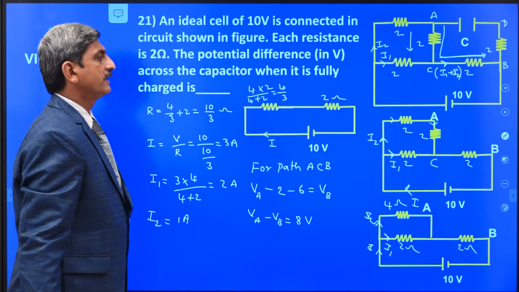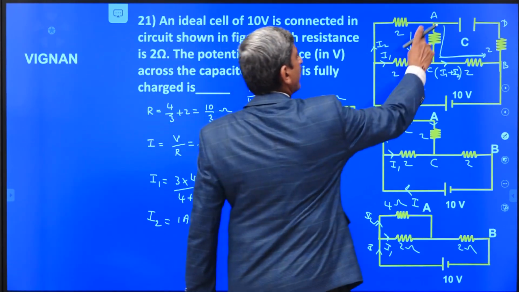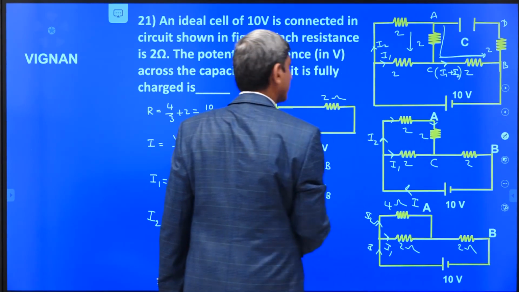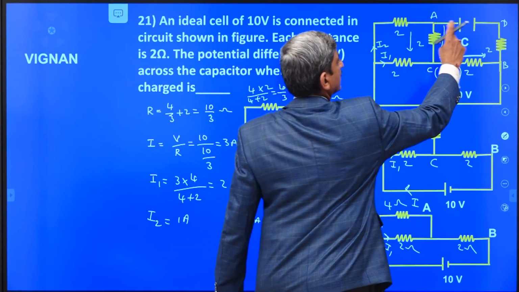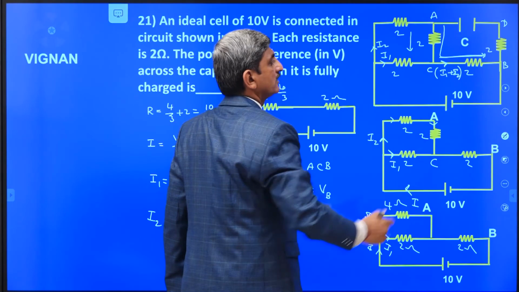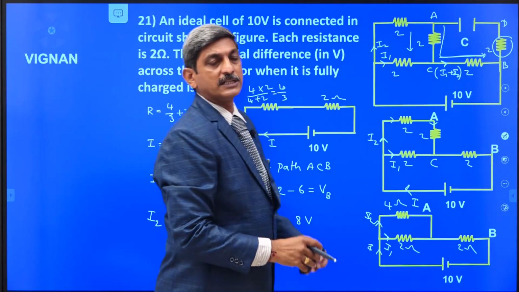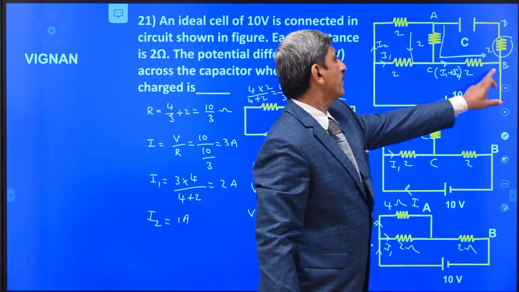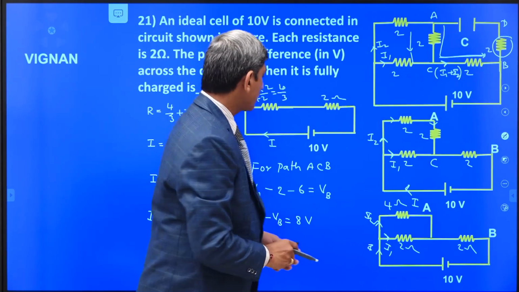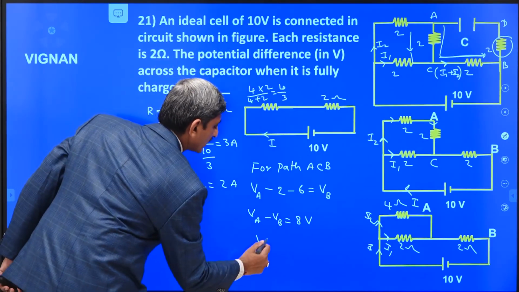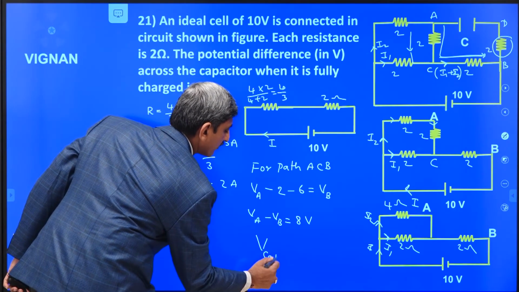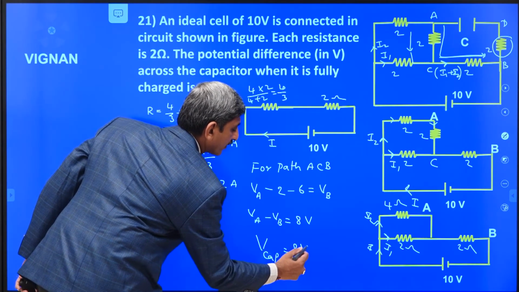That's why the potential difference between the 2 points along the ACB path is equal to 8 volts, which is the same across the ADB path. There is no current passing through this resistor. That's why the potential drop across this ACB path is equal to the potential drop across the capacitor, so that the potential drop across the capacitor is given by 8 volts.